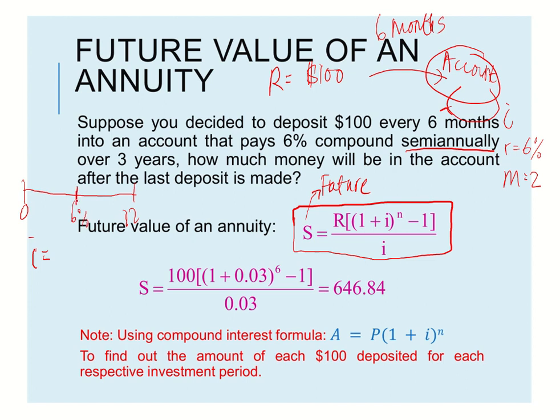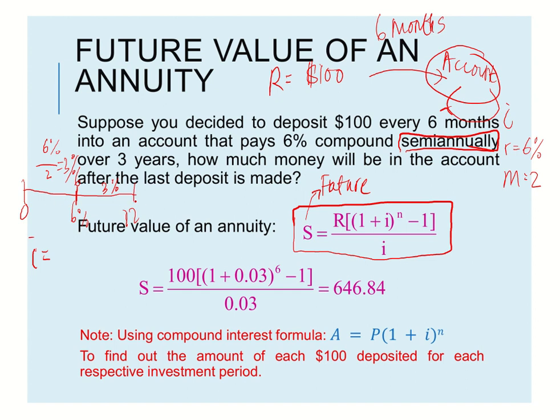However, the bank will calculate the interest every half a year, semi-annually. Therefore, every 6 months, the bank will pay 6% divided by 2, which is 3%.